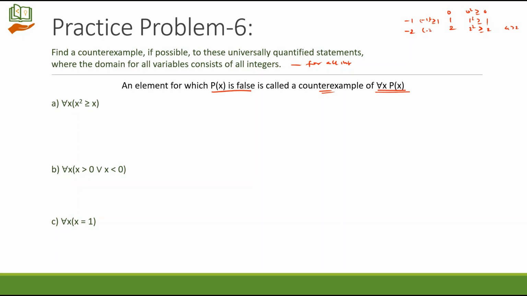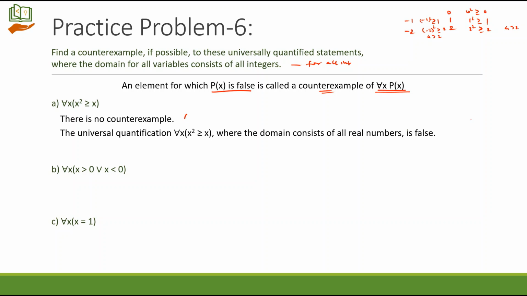Minus 2 the whole square will be greater than or equal to minus 2, giving 4 greater than minus 2 again. Whether x is 0 or positive or negative, x square will always be greater than or equal to x. There is no exception, so for this particular expression there is no counterexample. This is true with respect to the domain of integers.